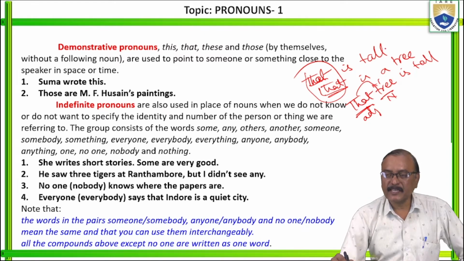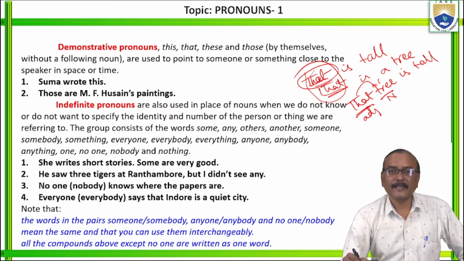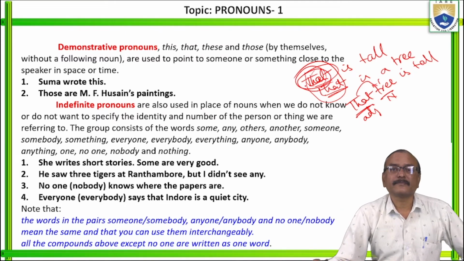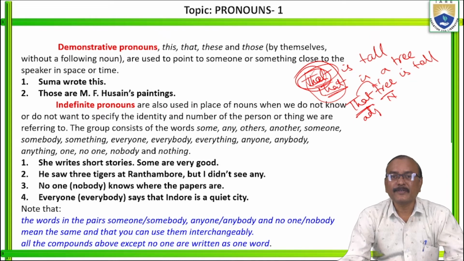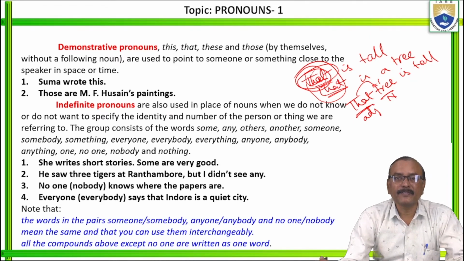If you say that is tall, this is the pronoun, because the noun is not there. So in the place of a noun, we are using a pronoun. According to our definition, it is a word used instead of a noun.